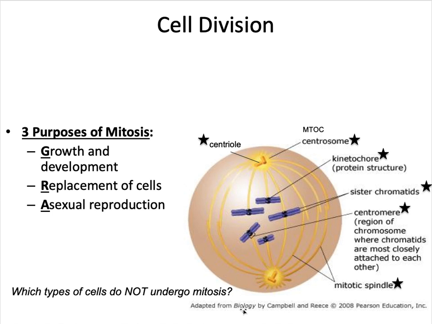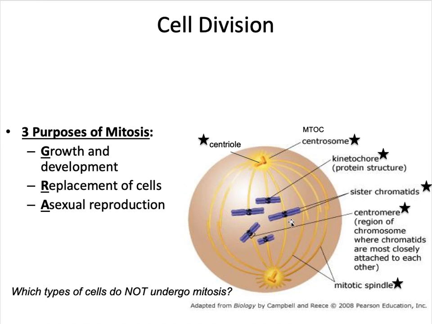With collagen fibers, the heart can't contract or pump blood as well as regular cardiac cells. That's why people who have heart attacks take a very, very long time to recover, if they ever recover. Those are just some examples of cells that do not undergo mitosis.